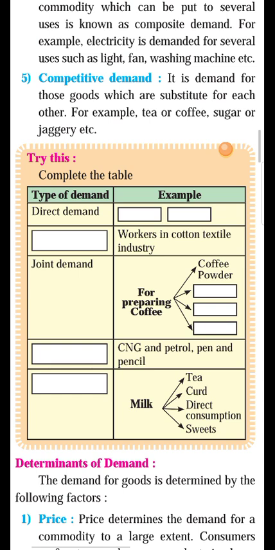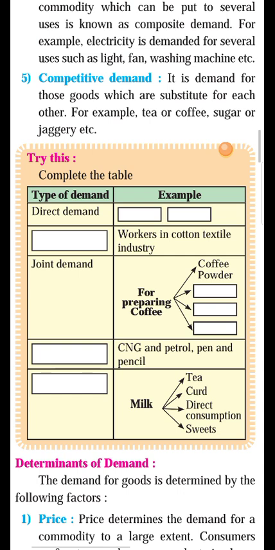When the price of tea increases, the demand for coffee increases. Why does it happen? Because tea and coffee are very competitive goods. They have a strong competition between each other. Pepsi and Coca-Cola: when the price of Pepsi increases by 1 rupee, consumers immediately switch to purchase Coca-Cola, because both have the same characteristics.